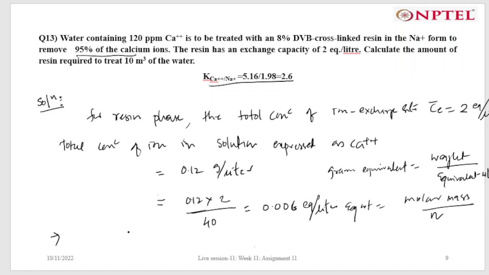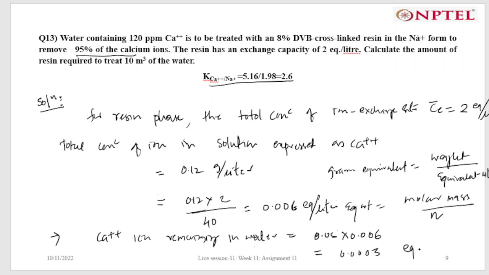The calcium ions remaining in the water are 0.05, means 5%, of 0.006, which is 0.0003 equivalent per liter.